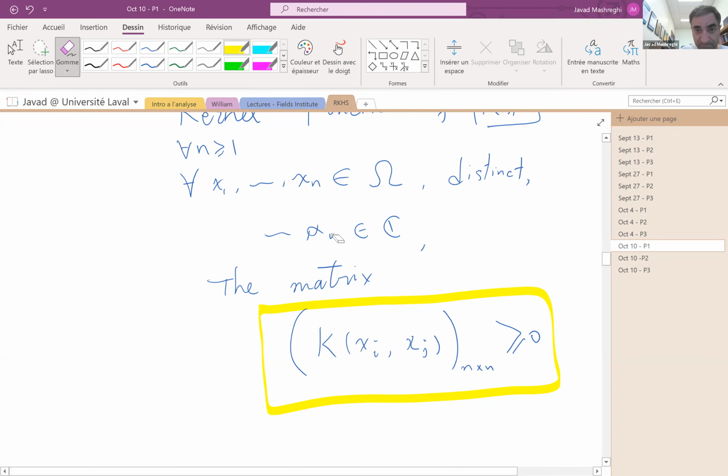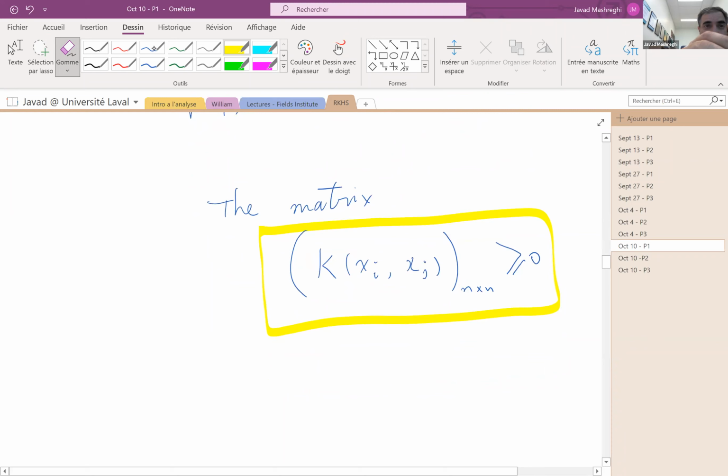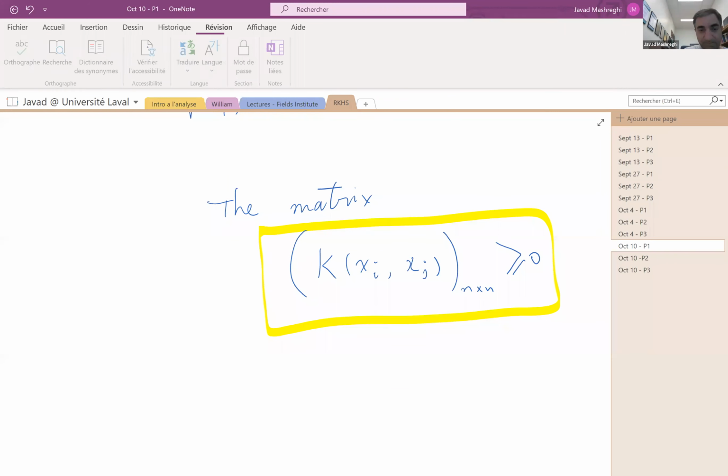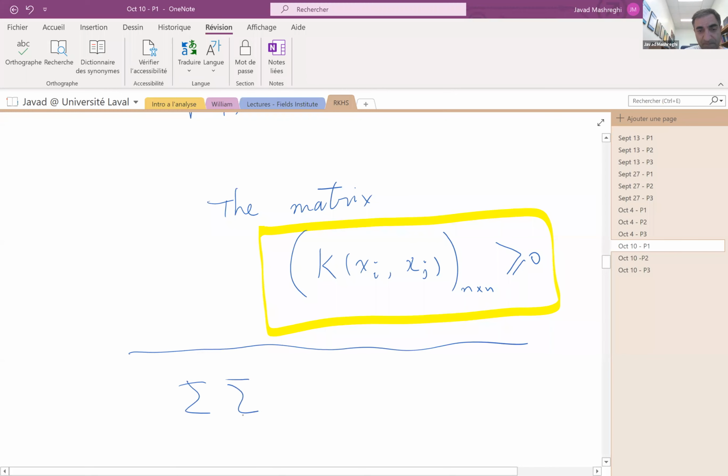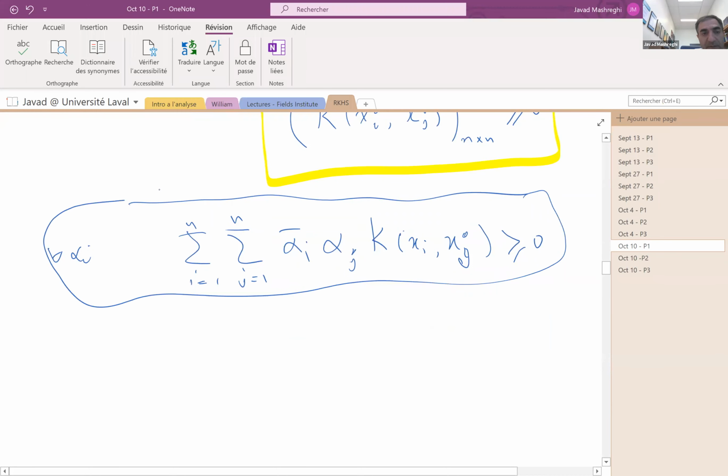For any collection of points x1 up to xn, the matrix is positive, which means that the sum of alpha i alpha j bar K(xi, xj), or xj, xi, it really doesn't matter, is bigger than or equal to 0 for all alpha i. That's the meaning of being positive.